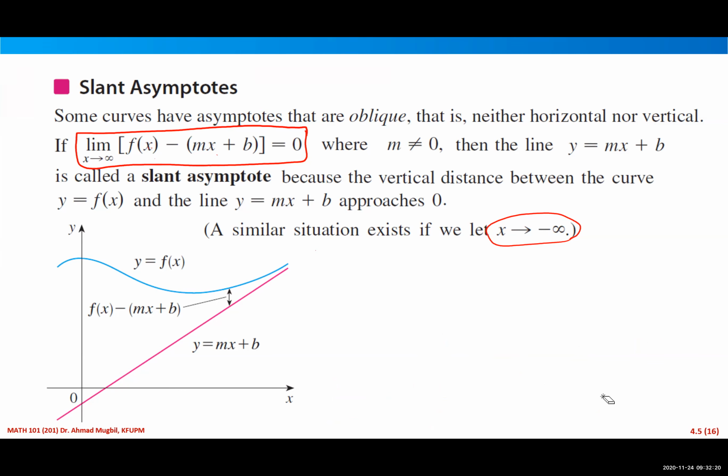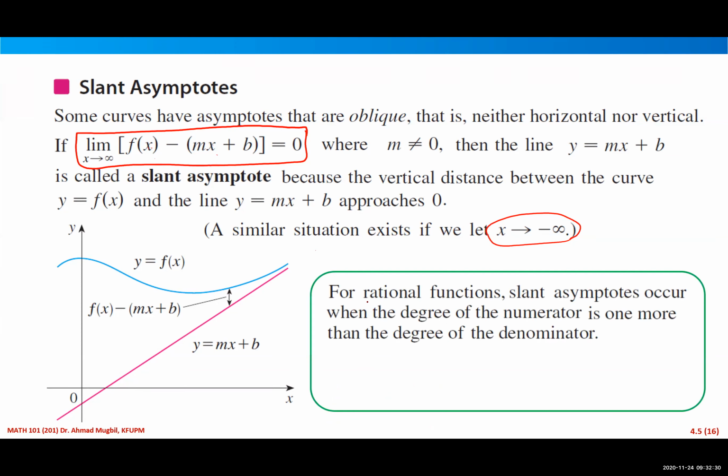Yes, you are right. When the function is rational, a polynomial over a polynomial, the slant asymptote occurs when the degree of the numerator is 1 more than the degree of the denominator.